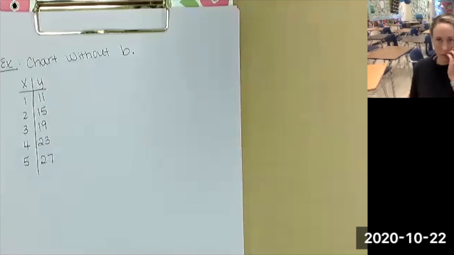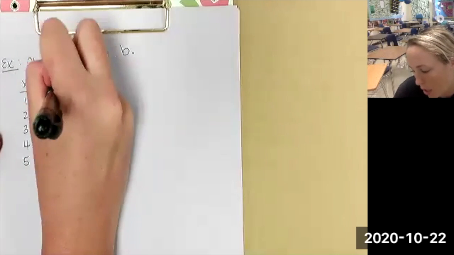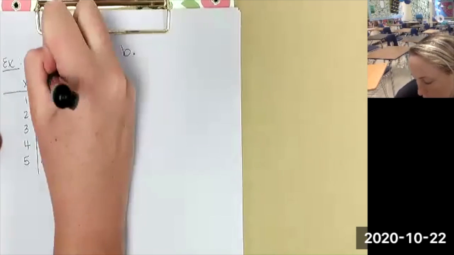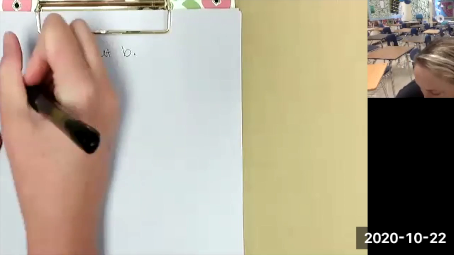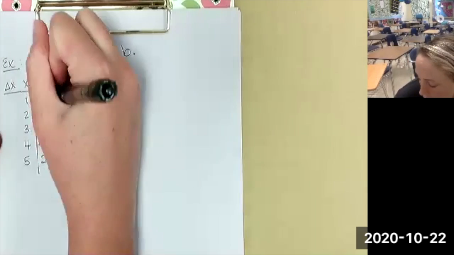So this isn't the only way to do this. Okay, don't forget that. There's actually like a pretty simple way if you're good at patterns to figure out when x is 0, what is y. But we want to use our formulas just so we can get better at using our formulas. So the first step is still to find our slope. So we do our delta y and our delta x table.